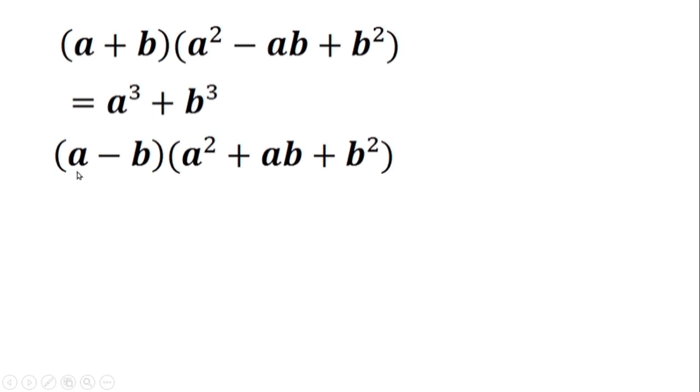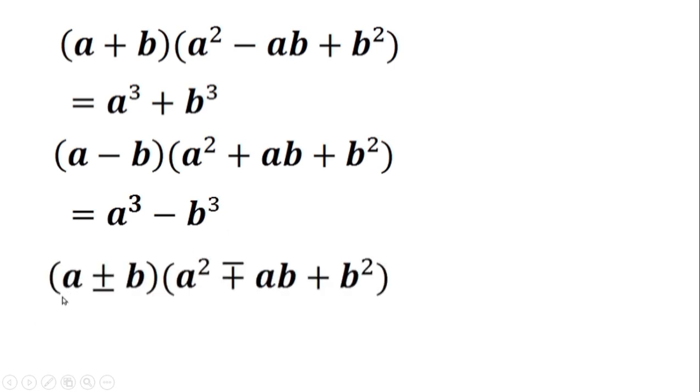This is just the product of a and b, first term and the second term of the binomial, and this will result into a cube minus b cube. You can summarize this as a plus or minus b times a squared, and this is the opposite, minus or plus ab plus b squared, is equal to a cube plus or minus b cube.